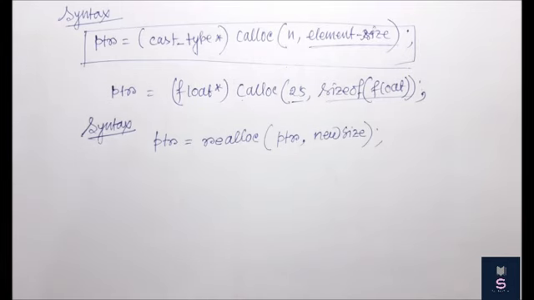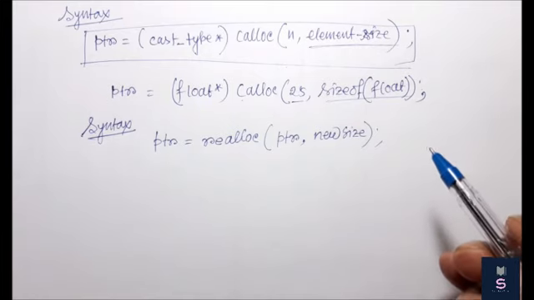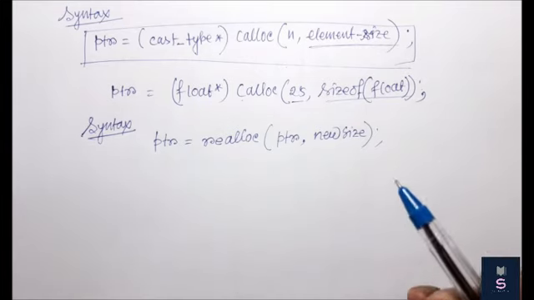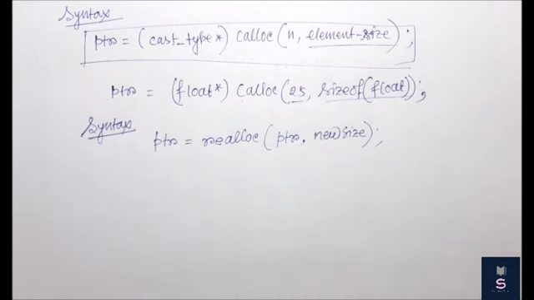This method is used to dynamically change the memory allocation of previously allocated memory. For example, if I use the malloc function to allocate memory, and after that I want to modify my previously allocated memory location, then we can go for reallocation, right. In other words, if the memory previously allocated with the help of malloc or calloc is insufficient, then realloc can be used to dynamically reallocate the memory.